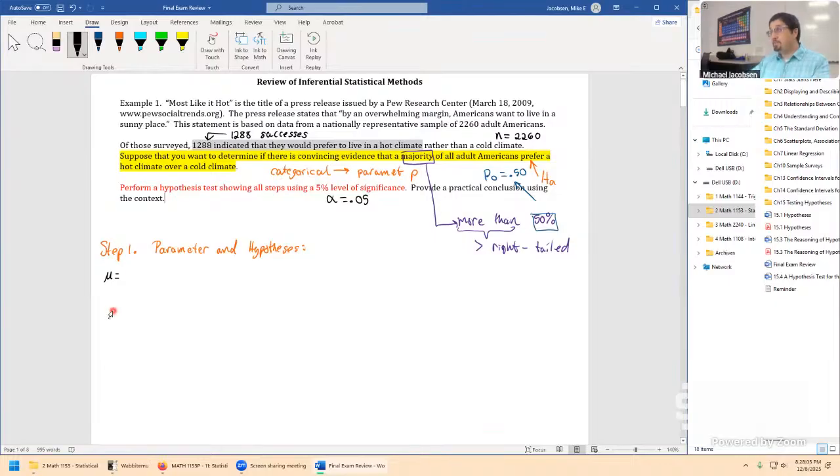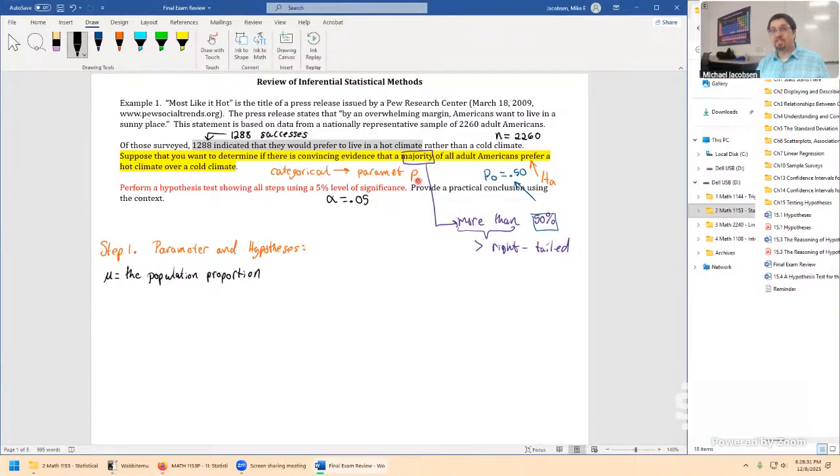And this is kind of jarring because remember in the last problem we just did, we said population mean. That doesn't fit here. The parameter is P, we have to do population proportion, and those words do matter. When we define the parameter, we'll say mu equals the population proportion.